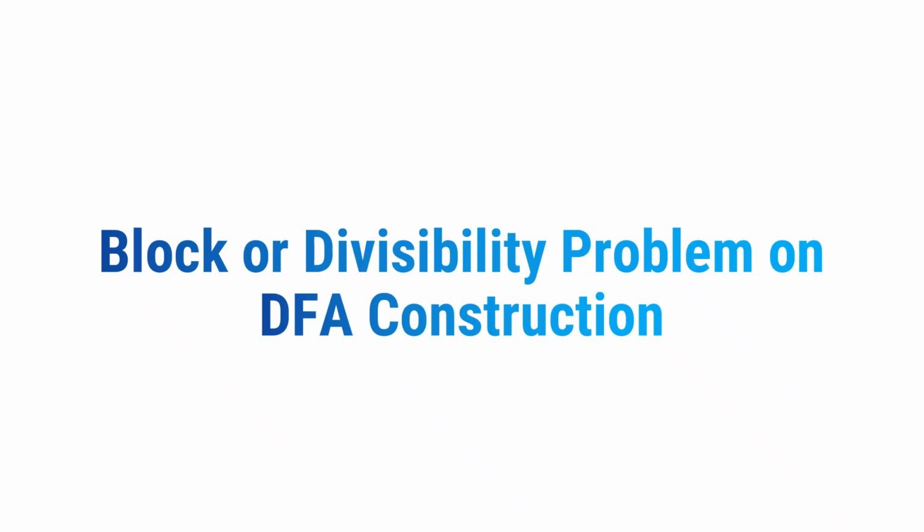Then the problem is: construct a DFA to accept a string over the alphabet A, B such that every block of length 5 contains at least 2 A's.